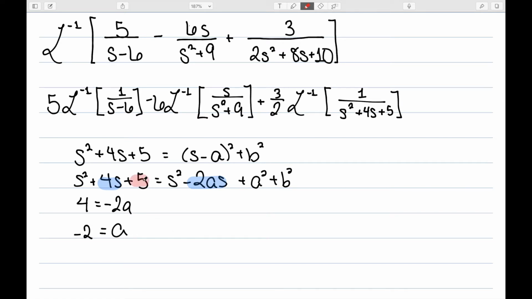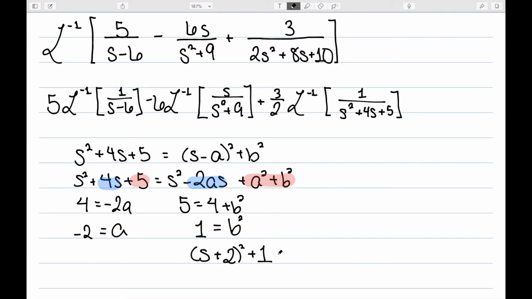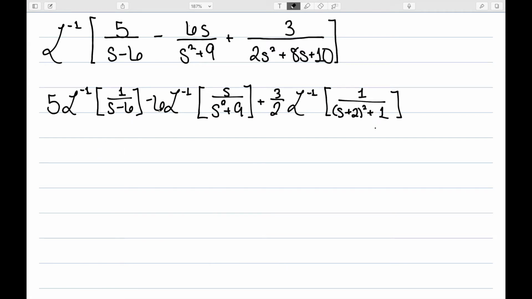For the constant terms, we have 5 equal to a squared plus b squared. So that tells me 5 is equal to a squared, which is 4, plus b squared. So b squared is equal to 1. So that tells me this denominator can be rewritten as s minus negative 2, so s plus 2 squared, plus 1. I now need to use the table to evaluate these inverse transforms.